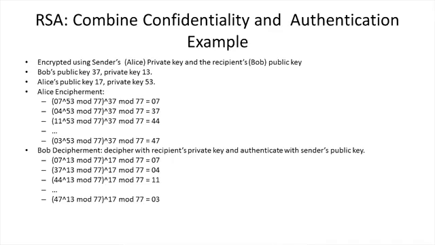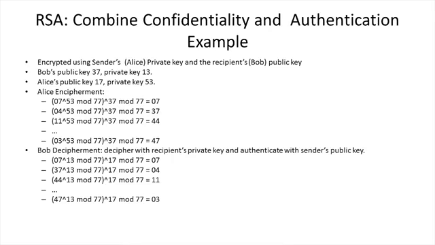Bob's public key is 37 with modulus n equal to 77, and his private key is 13. Alice's public key is 17, with modulus n 77, and private key 53, also with modulus n 77.